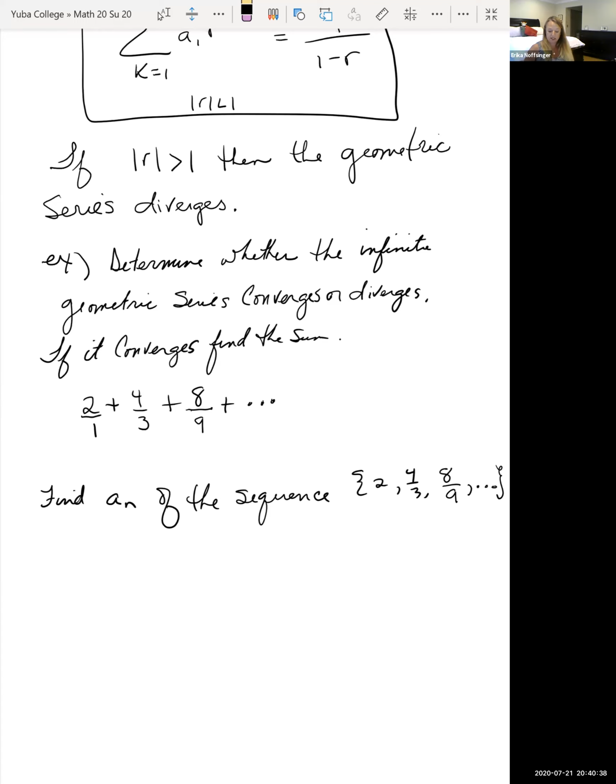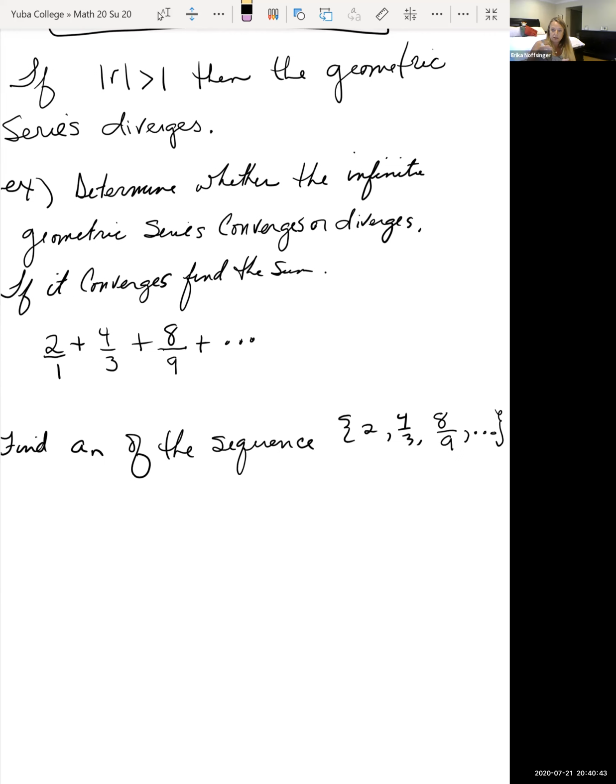Remember, a sequence is just the terms listed with commas. A series is when you're adding the terms. So I just want to find the formula for the a sub n term. Okay, so if we look at this again, I know it's 2 raised to the nth power, and we might have to go back here and manipulate. And it looked like this was 3 raised to some power.